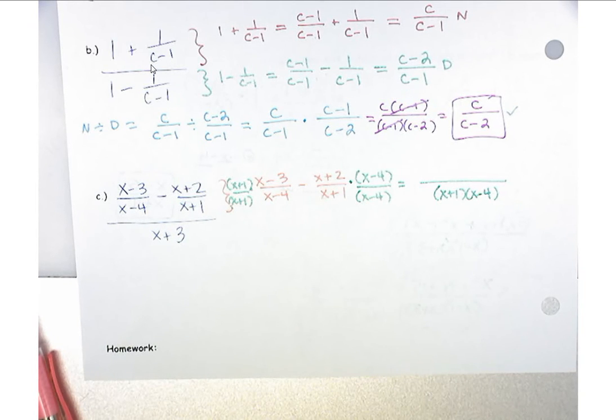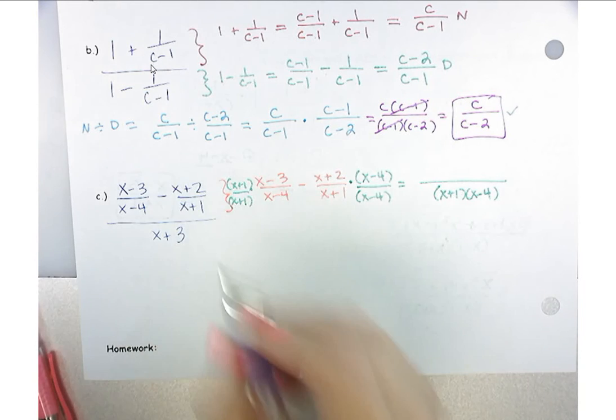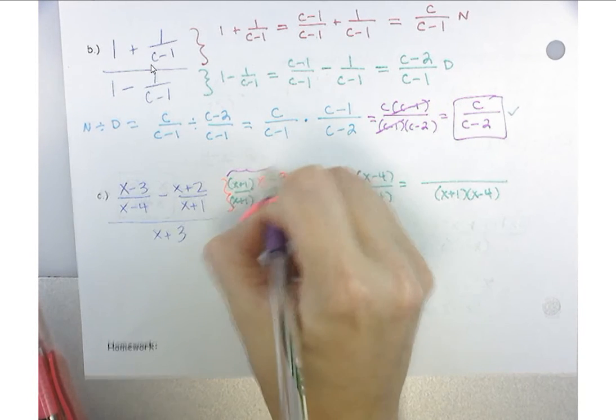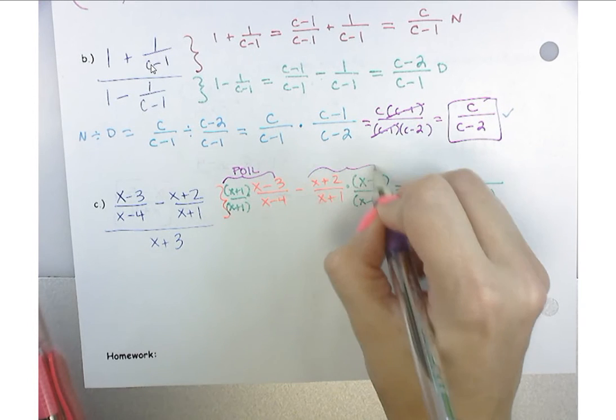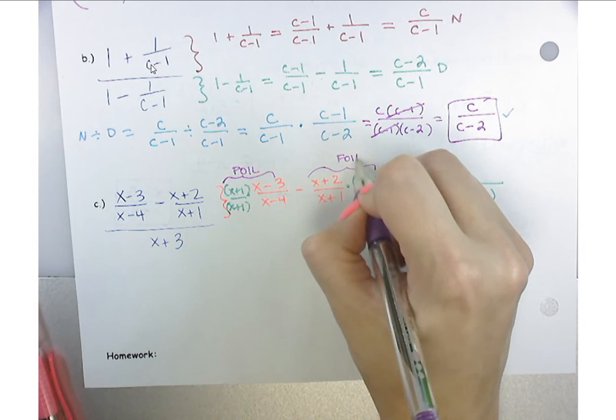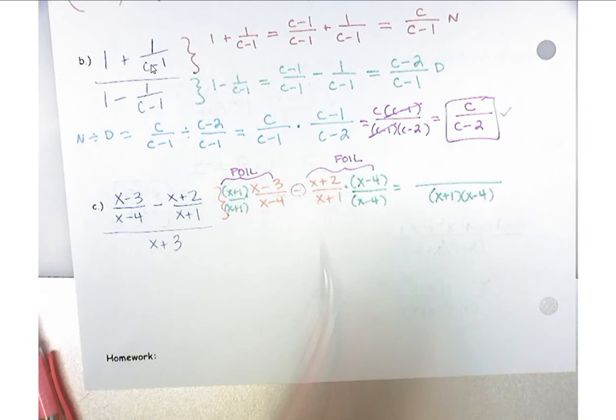So before we just had one term and we would distribute. Now we have two binomials, so we have to do what? FOIL. Yep. Okay, so we are going to FOIL. And here we're also going to FOIL. Now you do have a minus, so I will keep that in between.